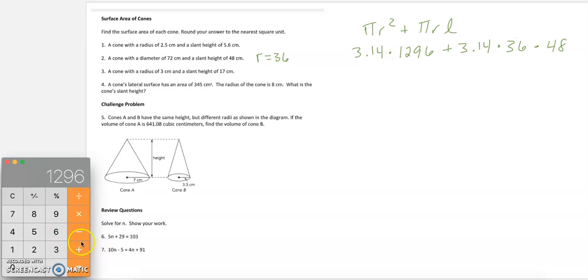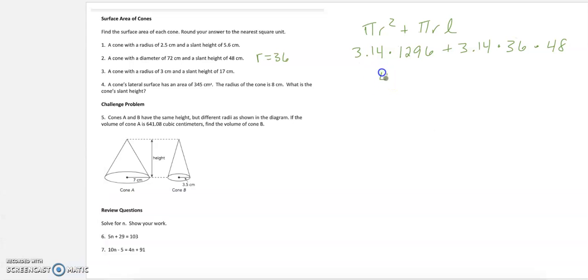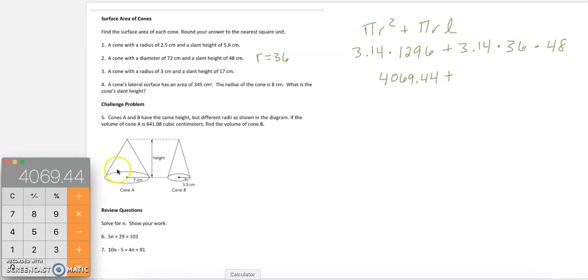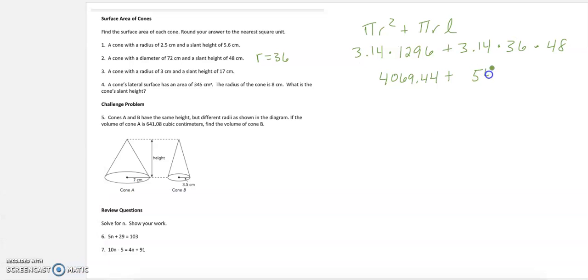So times 3.14 for the left side, that's going to give us 4069.44. And the right side is going to give us 3.14 times 36 times 48, which is 5,425.92. And so then what we'll do is just add them together.